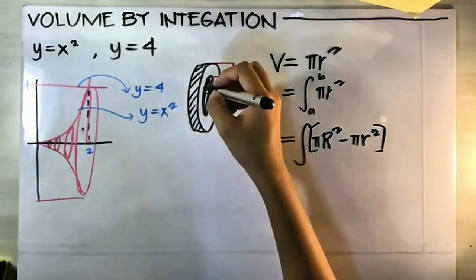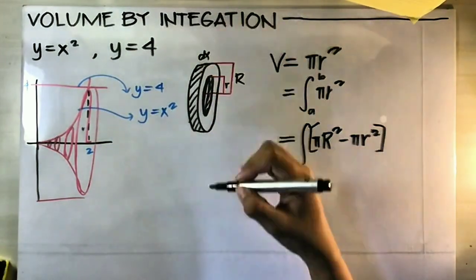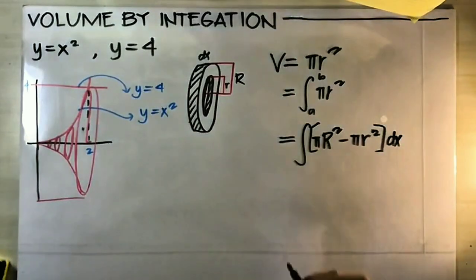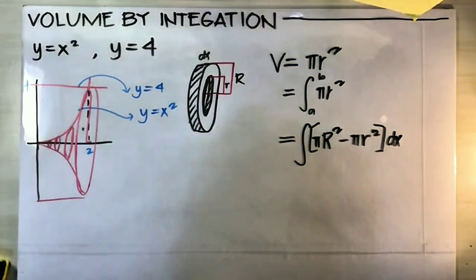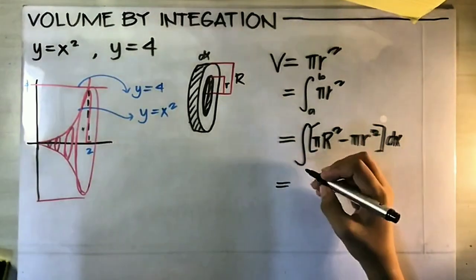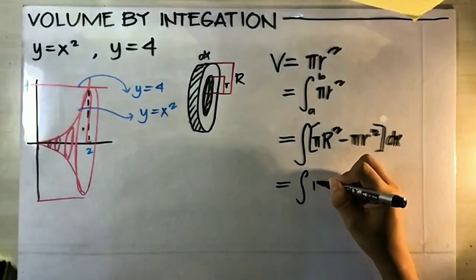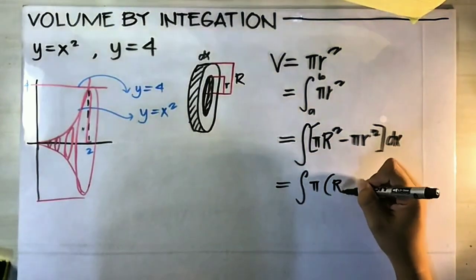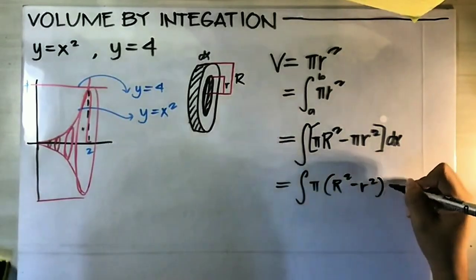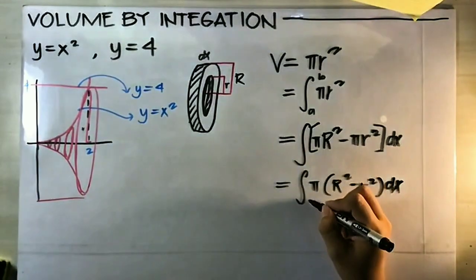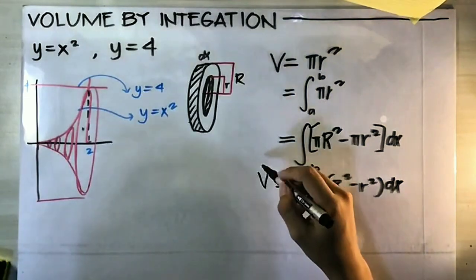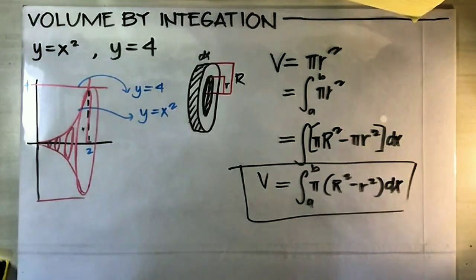And since our strip is dx, we'll put here dx, or the thickness. So we can factor this out. So this will be equal to the integral of pi times big R squared minus small r squared dx from A to B. So this is our formula for the volume.